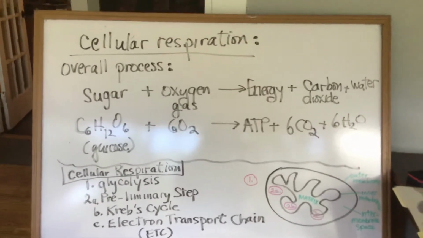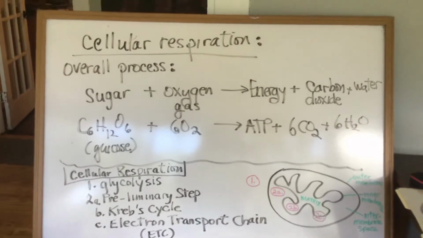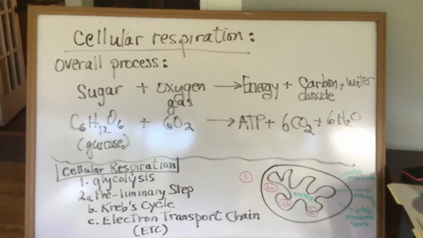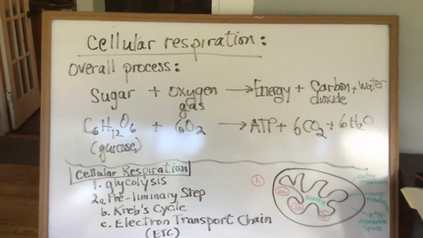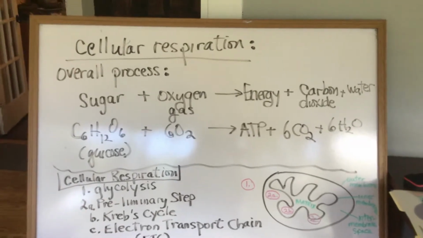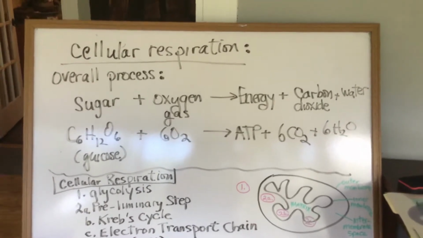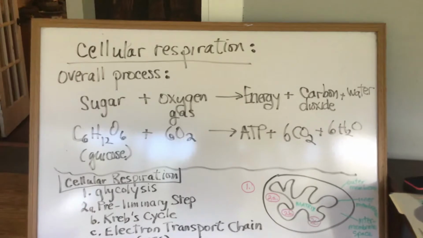If you look at the bottom part of this overall process, it shows you the actual numbers there. And the numbers of carbons, hydrogens, oxygens should add up the same on the left side versus the right side. What that also means is that the energy should also be the same.